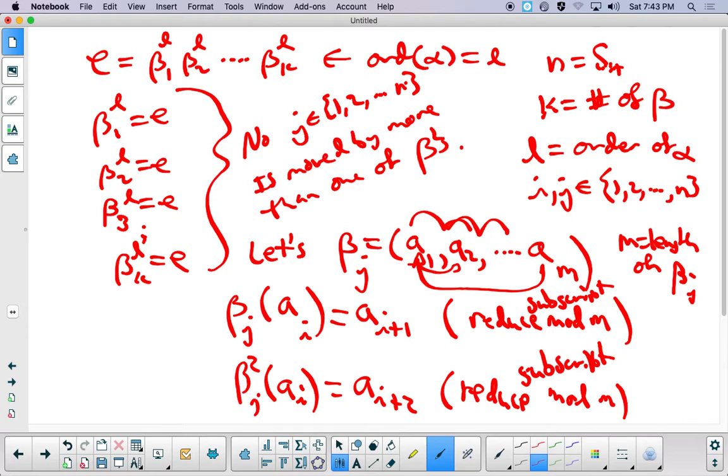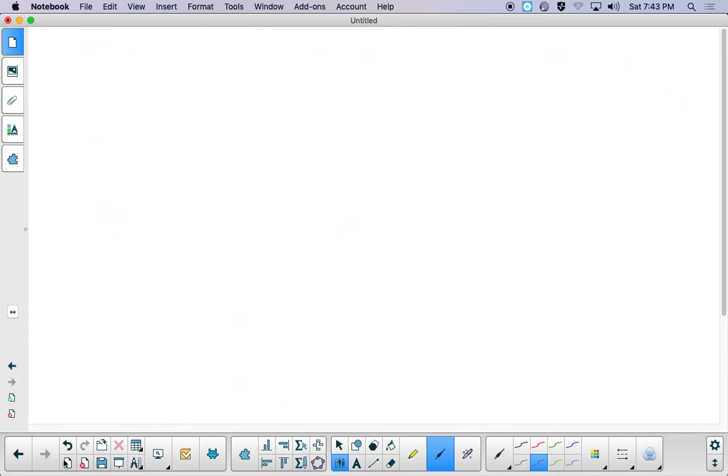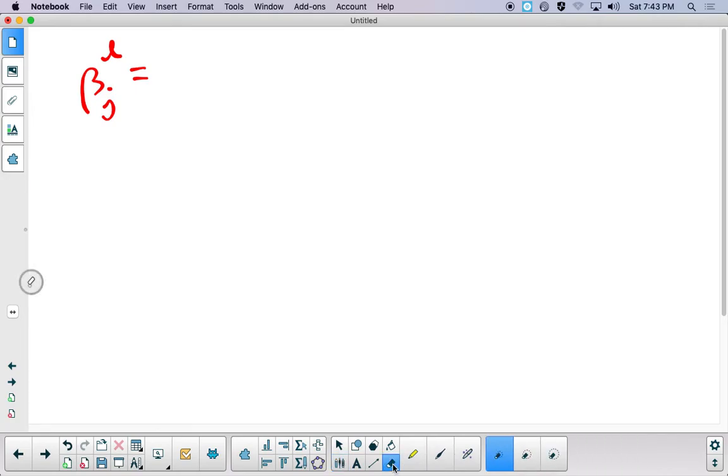So what this basically means is that beta j to the L is going to be, well, actually, I want to not look at beta j to the L as a cycle. I want to look at beta j to the L acting on one of those A's.